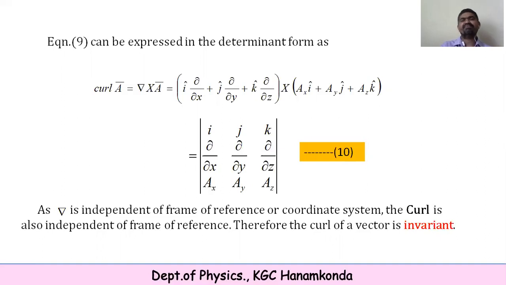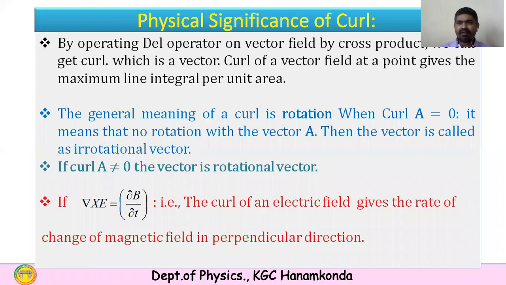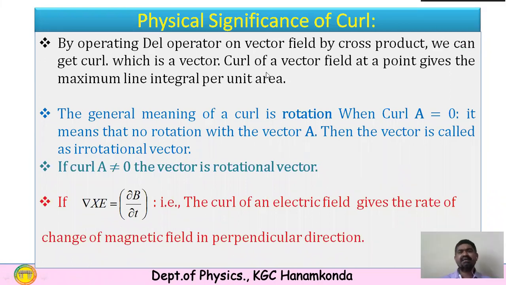Let us see what is the physical significance of curl. Already at the start of the lecture, we discussed that the curl of a vector is due to the rotational effect of a vector field. Here we are operating the del operator on a vector field by cross product. We got curl. This is very simple.